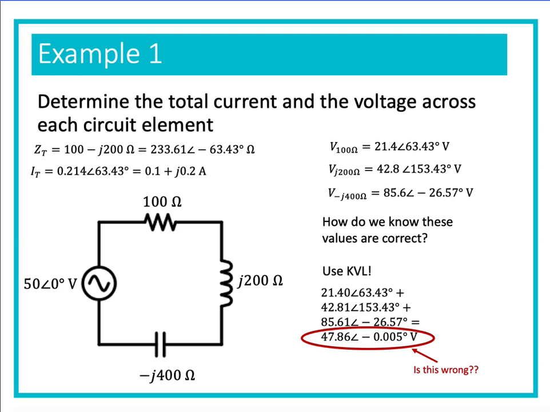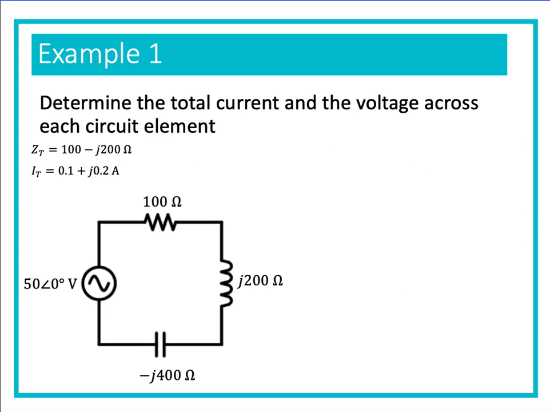Well, let's go back, and instead of using polar forms of numbers, let's do the problem again. Not every problem works well this way, but it works well with this one, so let's just use rectangular numbers, because the rectangular numbers were actually nice round numbers.